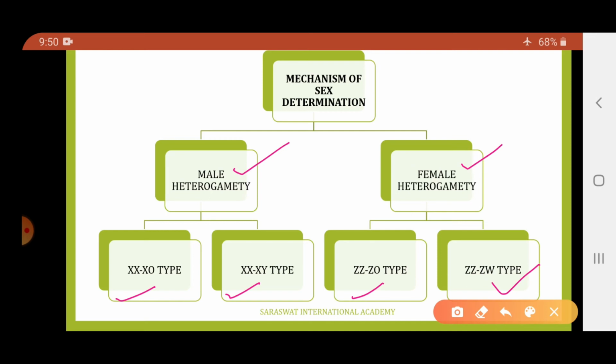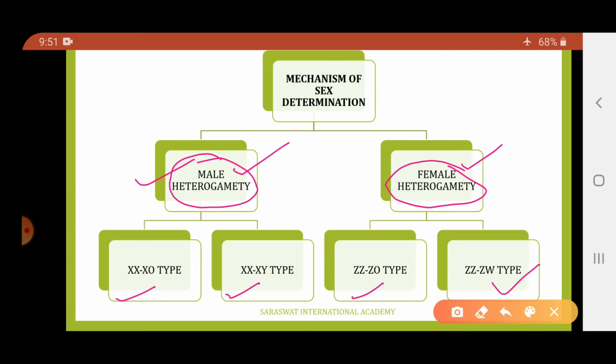Here the first term I have written is male heterogamety. What do you mean by male heterogamety? That is, the male is heterogametic: the male produces dissimilar gametes and the female produces similar gametes, whereas in female heterogamety, the female produces dissimilar gametes and the male produces similar gametes.